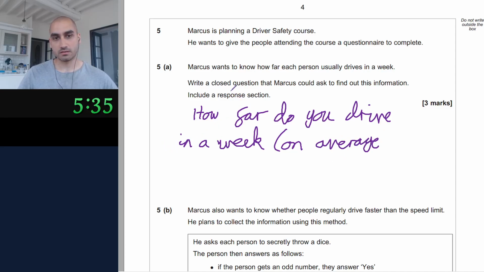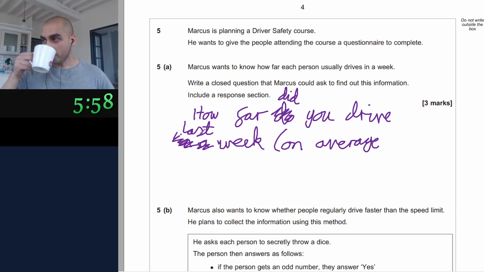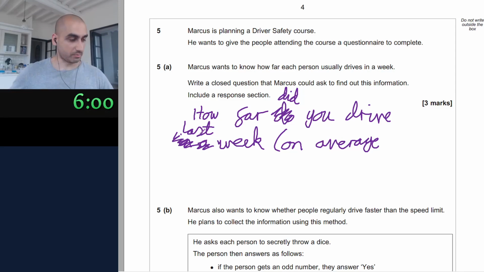Because that would be more of an open question, as is how far did you drive last week? But last week might be special. Like we might have been holding the UK Jubilee last week. In which case people were traveling from all over the UK to see the Queen for reasons.